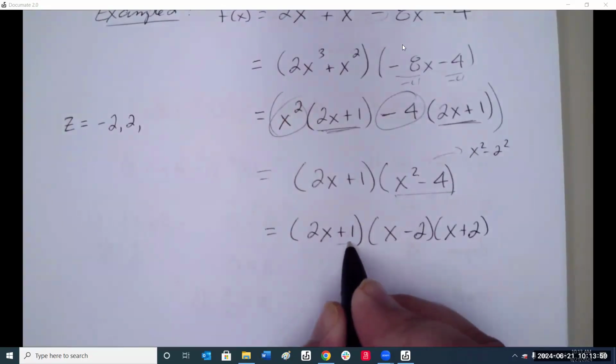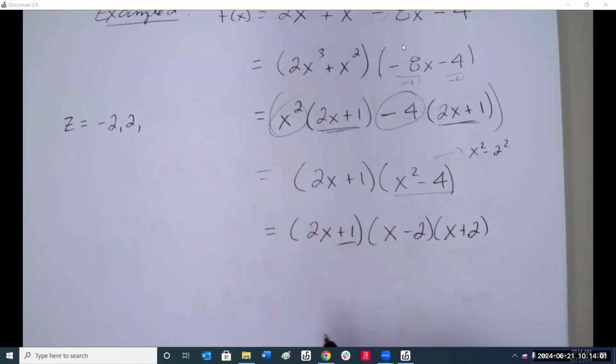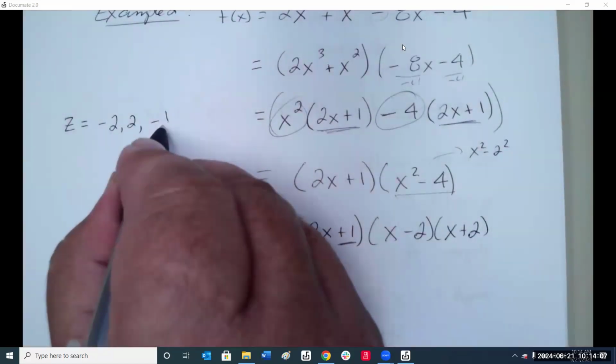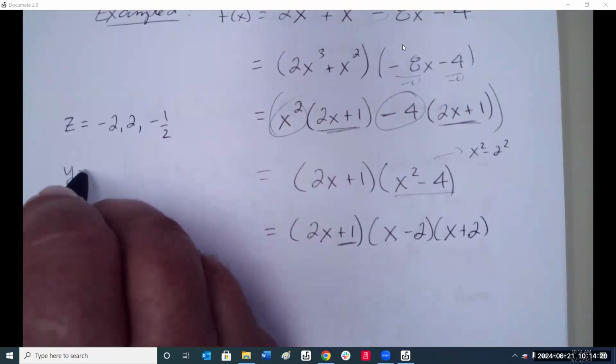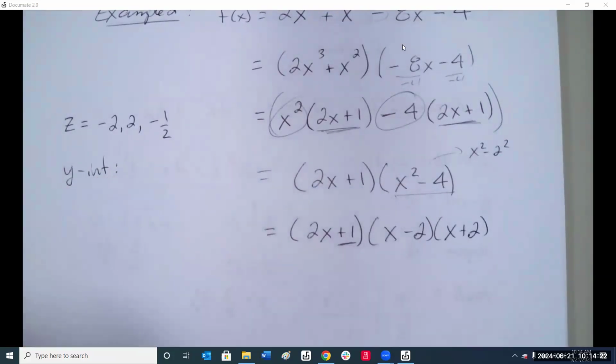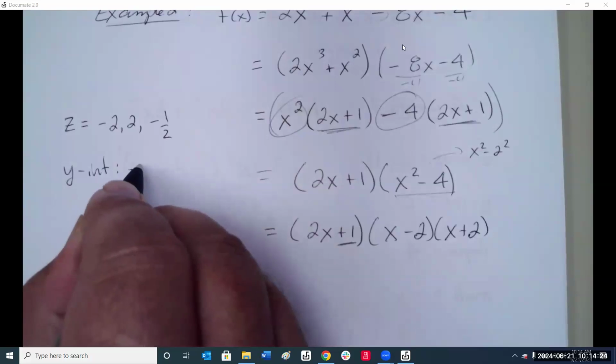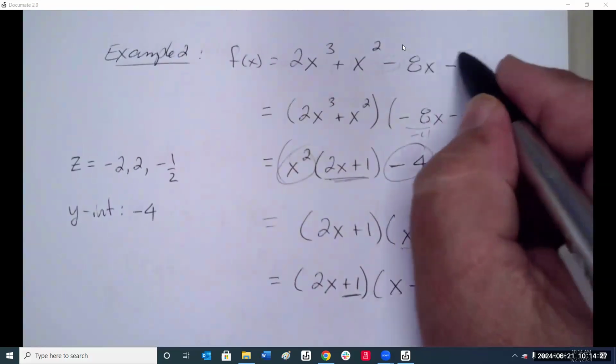But it's always the opposite sign of this one. Negative 1/2. I dropped this. That first thing, that's always gonna be the problem. How about my y-intercept? Yep, -4.